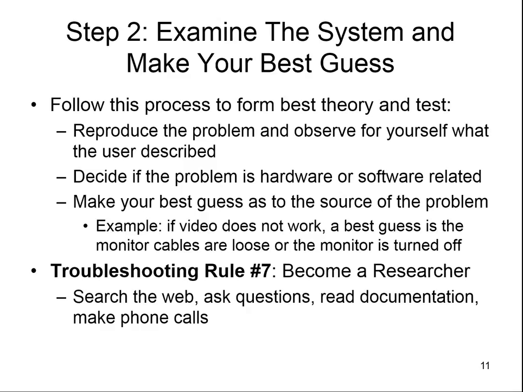Rule number 7. Become a researcher. Following this rule is the most fun. When a computer problem arises that you cannot easily solve, be as tenacious as a bulldog. Search the web, ask questions, read more, make phone calls, and ask more questions.